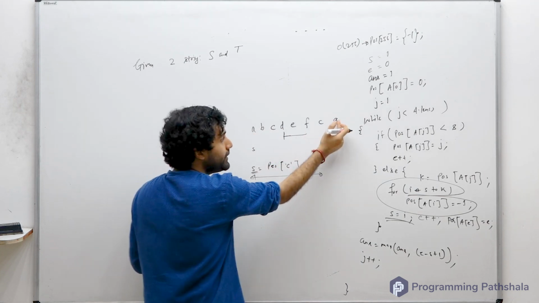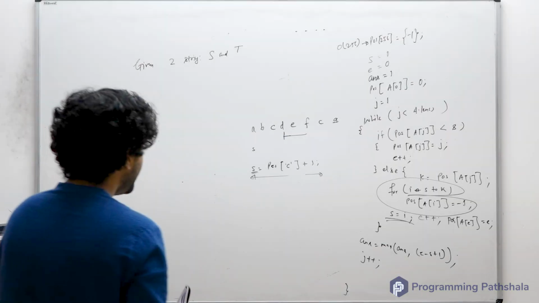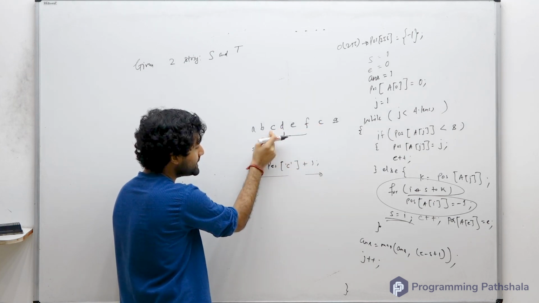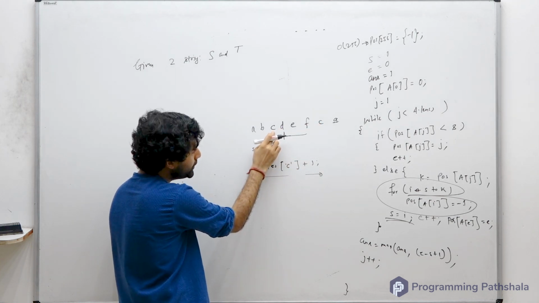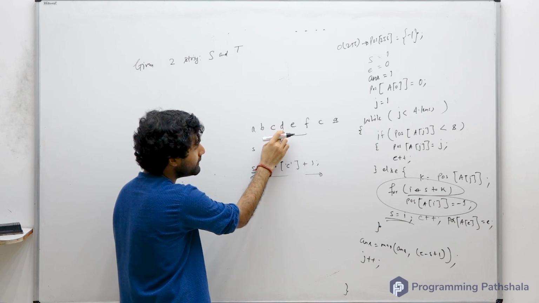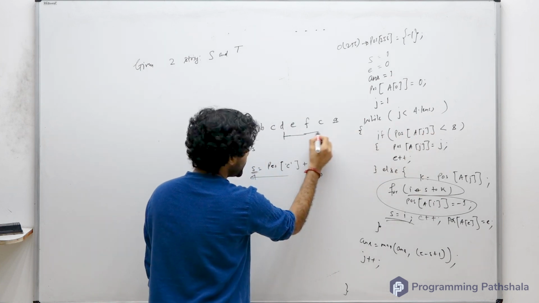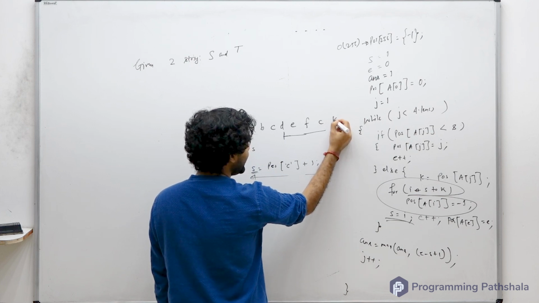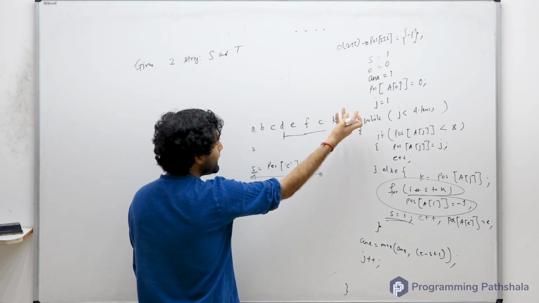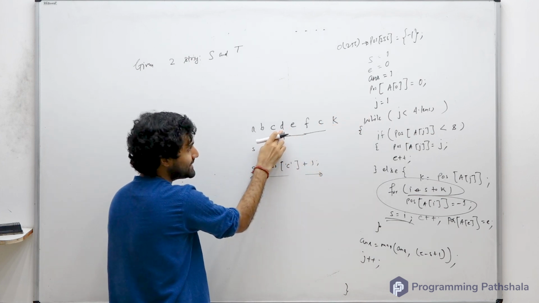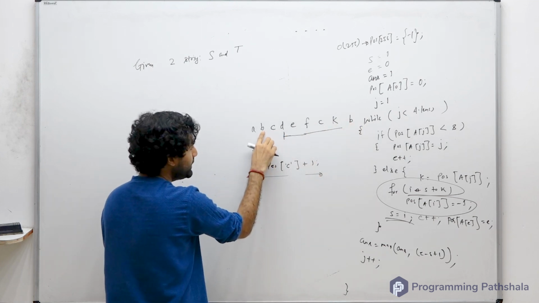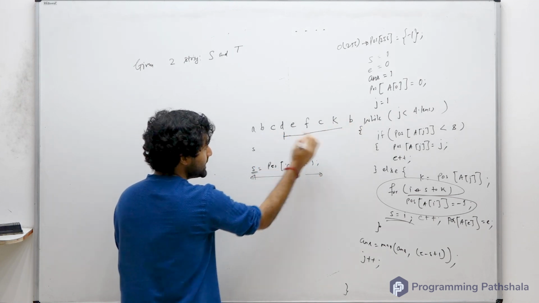Since it is not a part of window, it can be included. So it will happen for the C also, right? That the past position of this C would be 2, and 2 is smaller than 3, which is the value of S. So you'd want to include it and you'd want to update it. Now let's say if there was a K, the position of K is already -1, and -1 will always be smaller than S. So you can include this. And if let's say there was a B, the position of this B would have been 1, and 1 is smaller than this S. So you can include it.